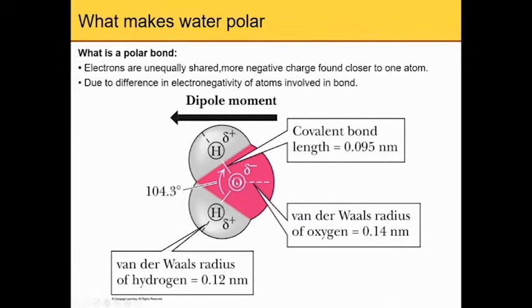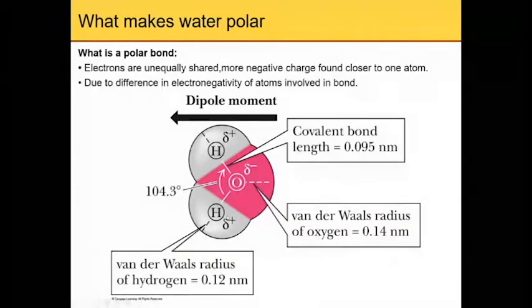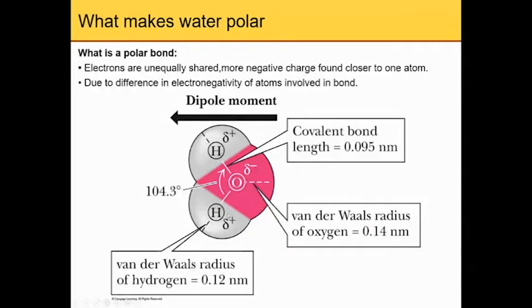Oxygen has a higher electronegativity, and hydrogen has a lower one, so the electrons will be closer to oxygen than to hydrogen. Therefore, the oxygen shows a little bit negative, and hydrogen a little bit positive, because electrons are unequally shared. This we call the dipole moment. We have more negative here and more positive here. That's the dipole moment.